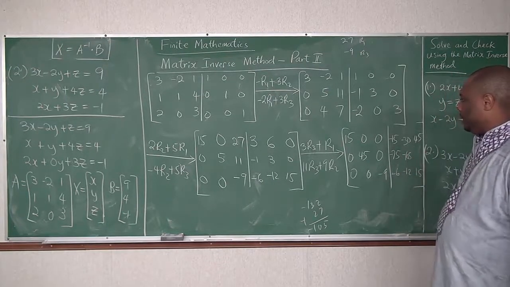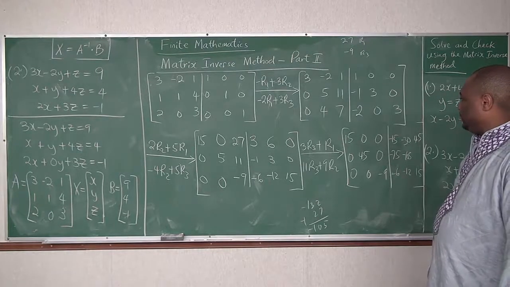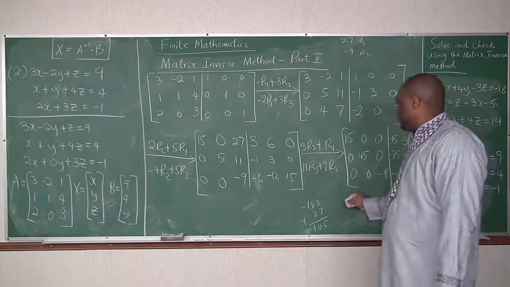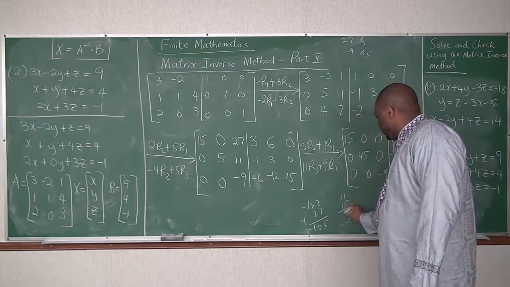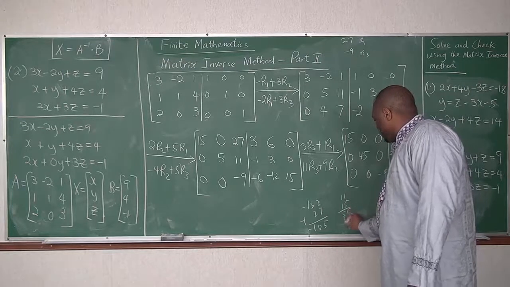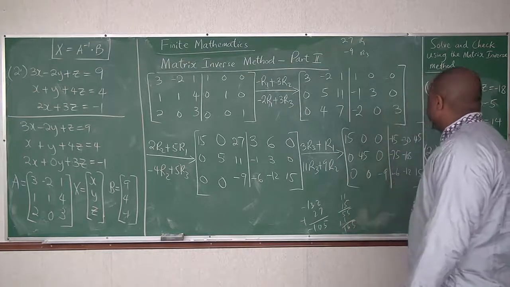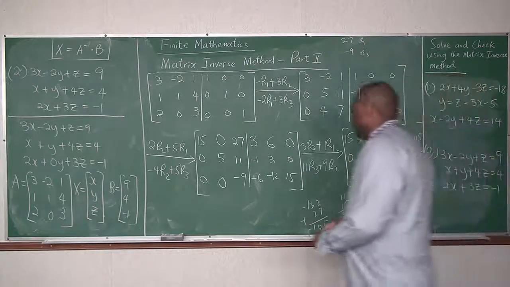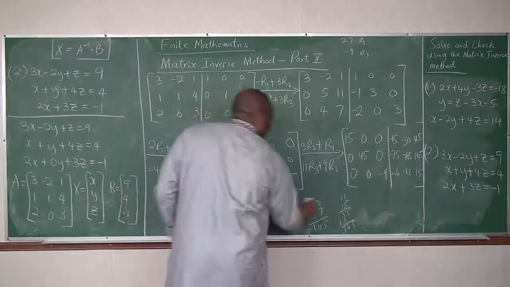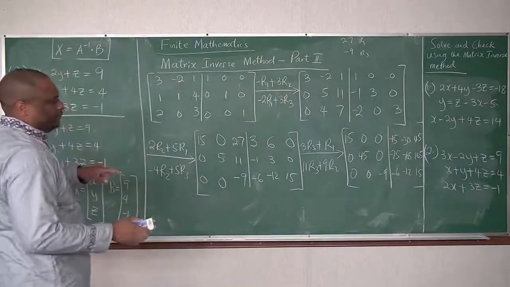Then 11 times 15 is what? 11 times 15 plus 0. 11 times 15, so this is 55, and this is 11, so this is 165. Okay. Let's go ahead and finish this stuff up.